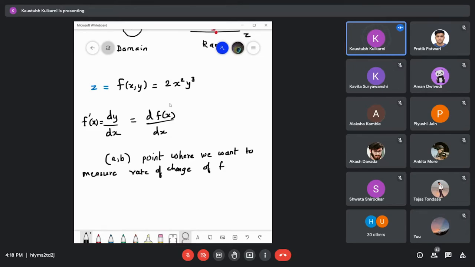Now we want to find the rate of change of f, and we'll see two cases. Let's say we want to measure the rate of change of f at the point (a, b) when y is fixed and x varies.